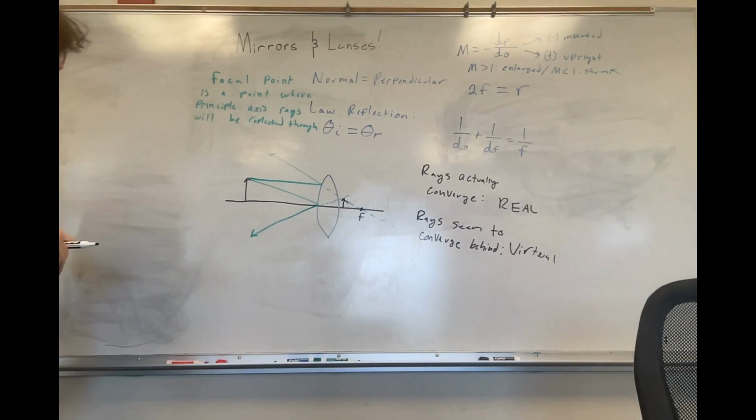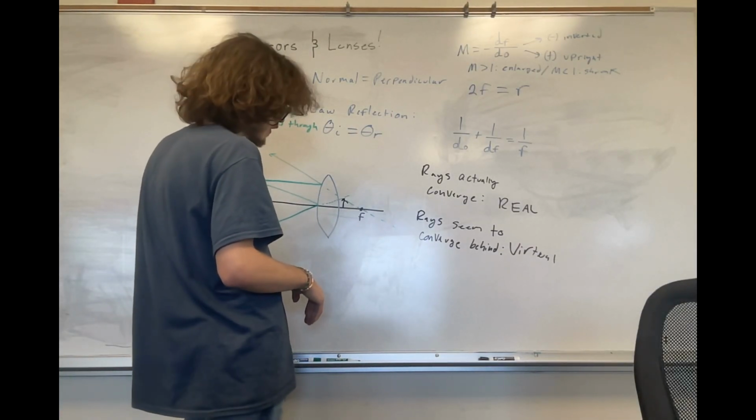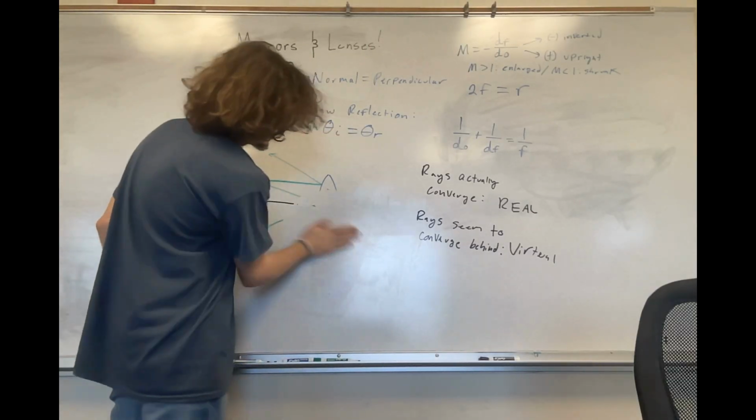Okay, now that we have all that out of the way, kind of a fun one there. Let's now look at when we have a convex mirror, but we're really, really close to it.